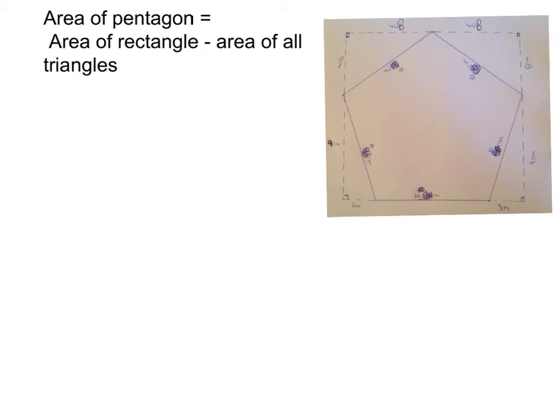The area of the pentagon is just the area of the rectangle minus the area of all the triangles. The area of the rectangle was 224 centimeters squared, and we subtract 67 centimeters squared. If we do that, we get 157 centimeters squared, and that's the area of that pentagon.